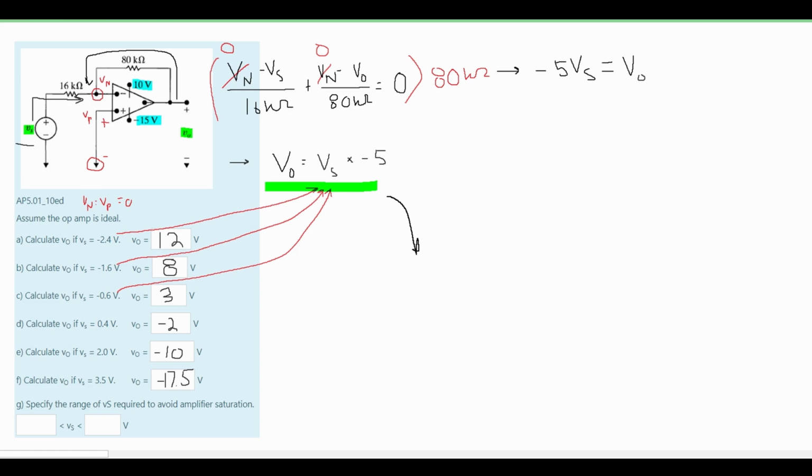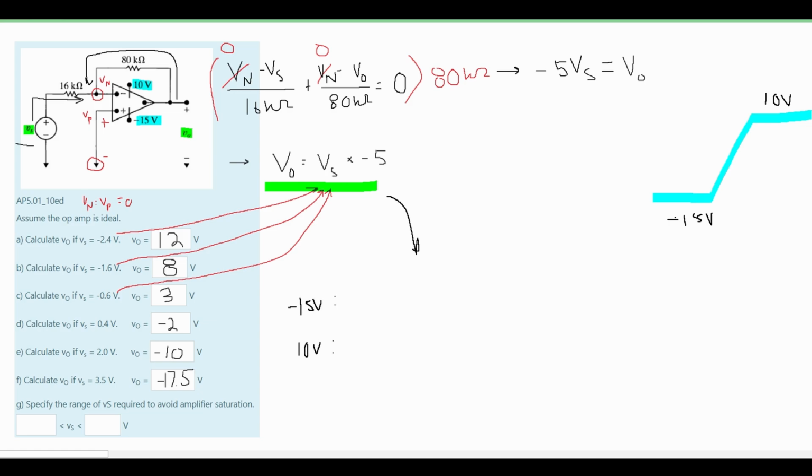Because our op amp is linear, it'll be at negative 15 like this, and it'll go up linearly until it reaches 10 volts, and then it'll stop and go like this. So the negative 15 volts acts as our lower bound and the 10 volts acts as our upper bound. We're going to plug both of these into our V0. First we're going to do our negative 15 volts, and then our 10 volts.